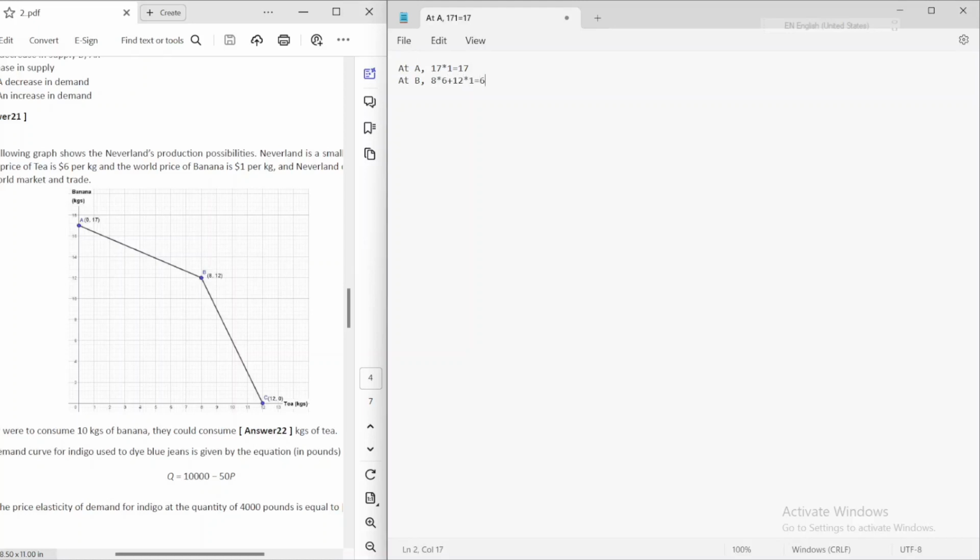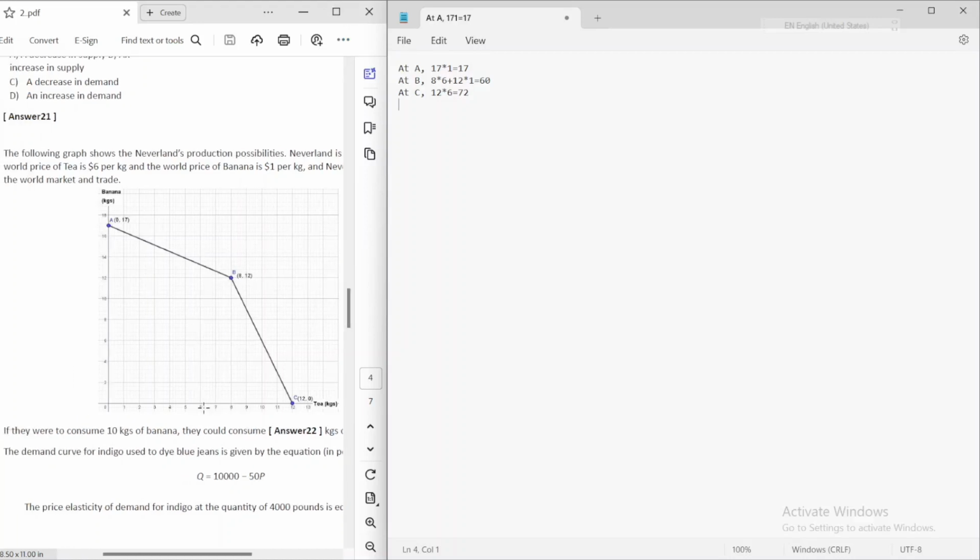This is simply 60. And at C, the revenue is 12 times 6, and this is 72. So you can see among all these 3 points, revenue at C is maximum. Okay, so you should choose point C, that is 12 kg of tea.